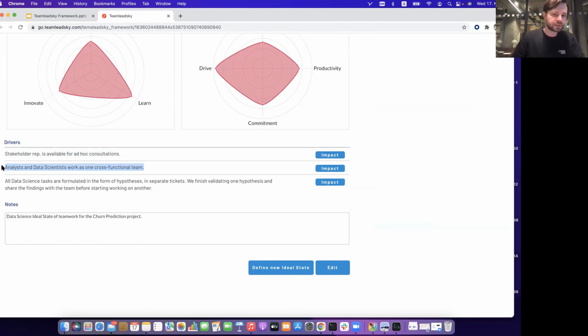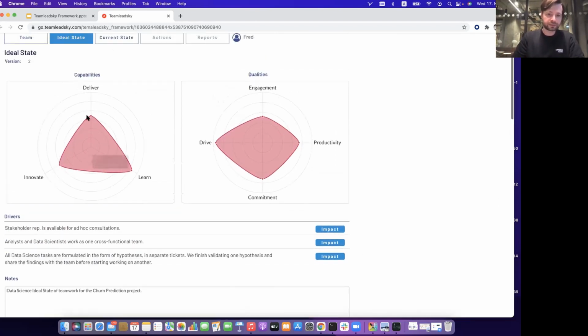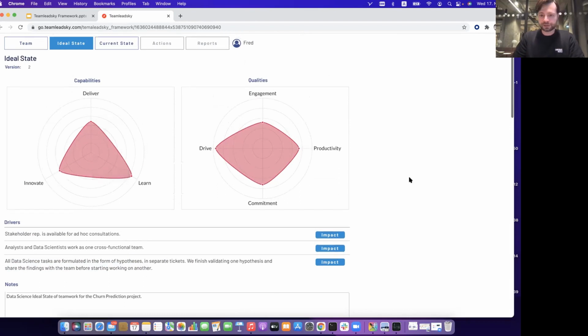Yeah, that's usually a good idea. And then they want to make their work process more disciplined and controllable. Okay, so they have assessed also the impact on the qualities and capabilities of their work, the impact of every driver in this list, and then they got some definition of their ideal state where they want to get. Now let's look at their current state.